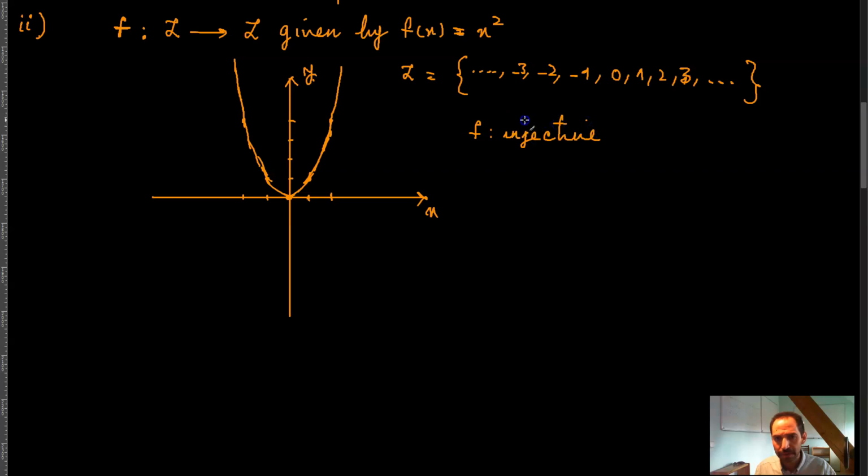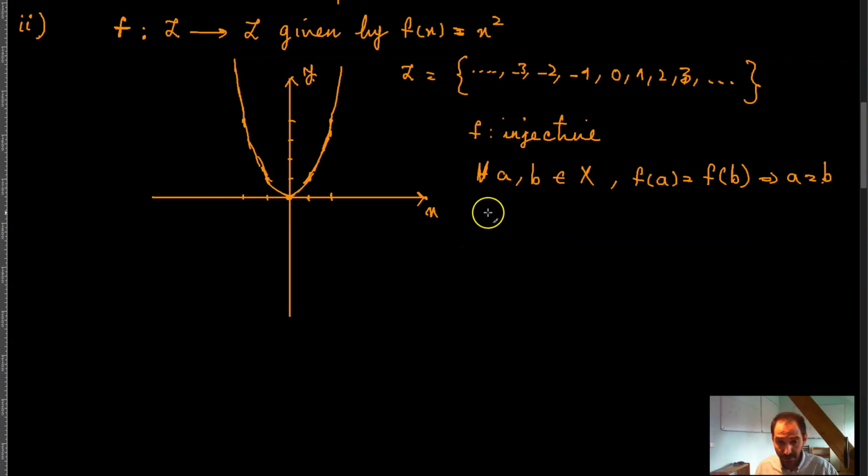So in order to decide that, you need to know whether for every a and b, for example, belonging to your X or to your domain, f of a is equal to f of b implies that a is equal to b, right?